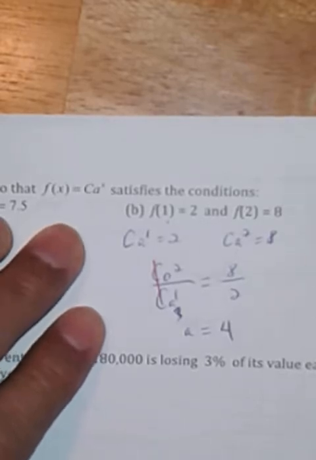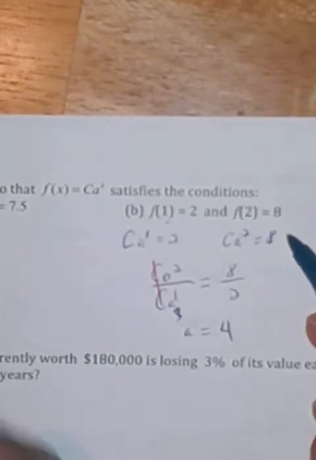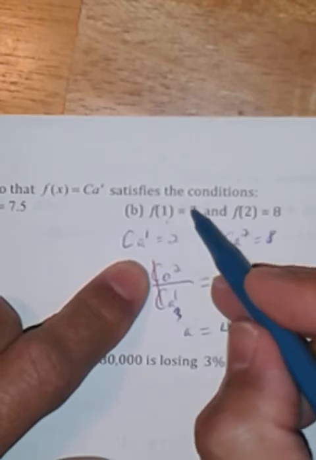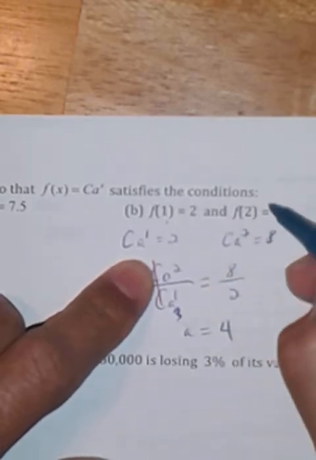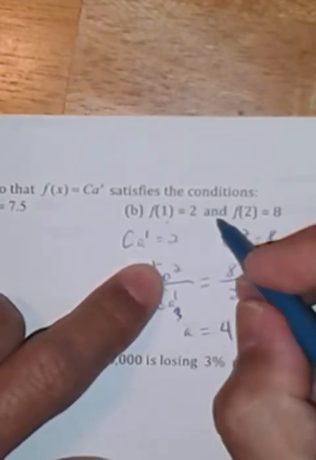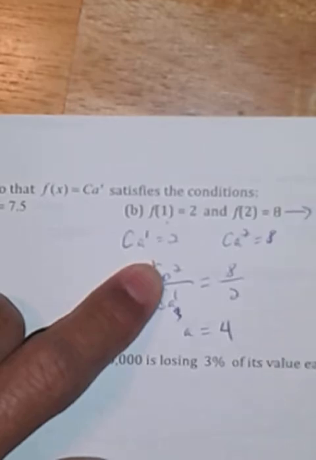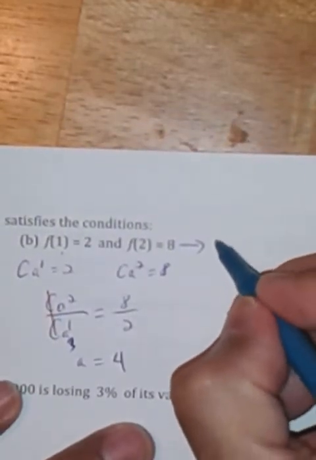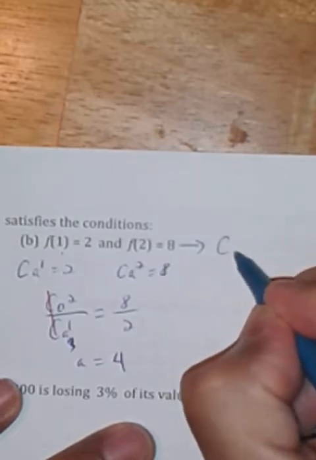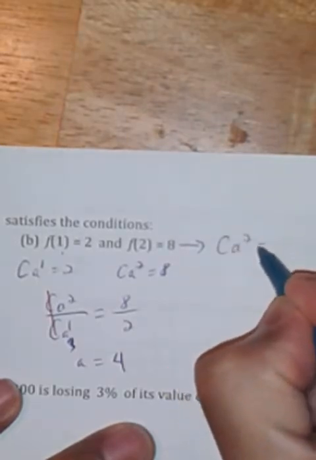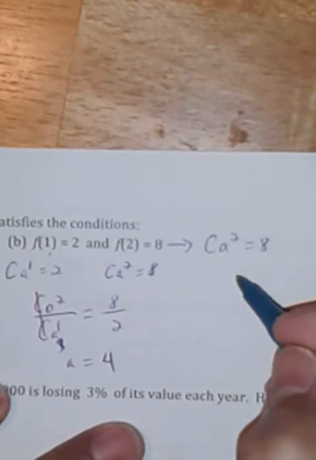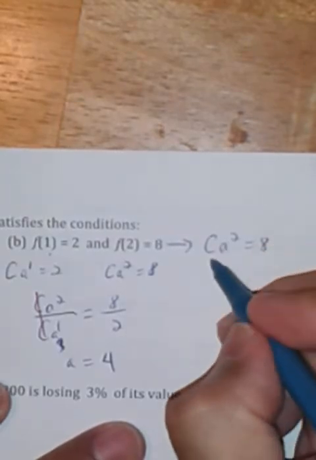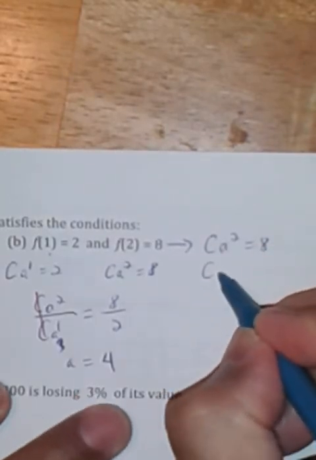Okay, so how do I find c then? Well, I just write one of these, f of 1 equals 2, or f of 2 equals 8, whichever one. It doesn't matter, so we'll use f of 2 equals 8. So f of 2 means c times a squared equals 8. C we don't know, but a we do know.